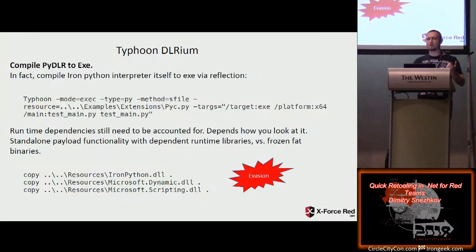You can even compile the Python REPL itself in Python and generate an x64 executable on the machine. So you don't need to bring in your Python 2.7 or 3.6 for Windows and have this huge distribution there. You can actually compile it.